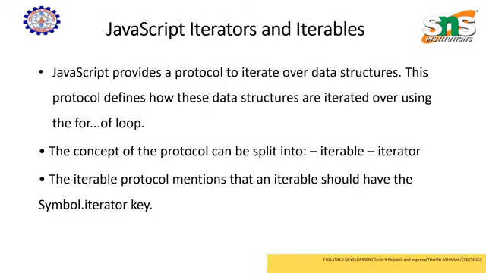The iterator protocol mentions that an iterable should have the Symbol.iterator key. This will be the main protocol.